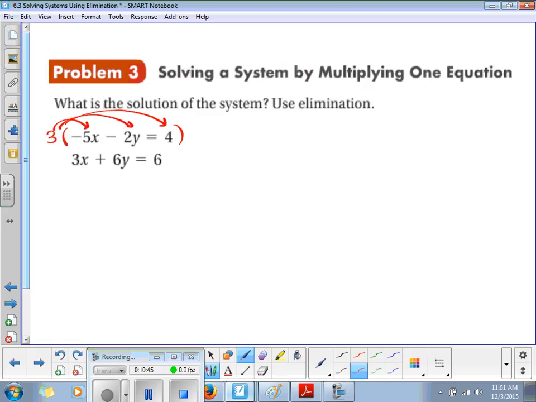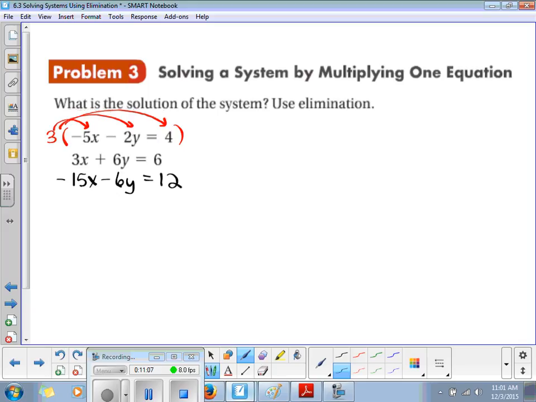You with me? All right, so I'm going to rewrite down below, okay? So we've got a negative 15x minus 6y is equal to 12. So now we have inverses.